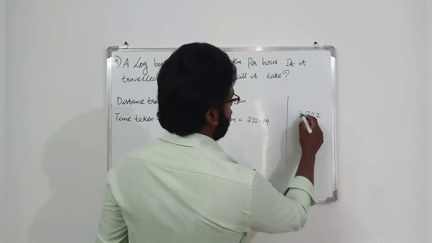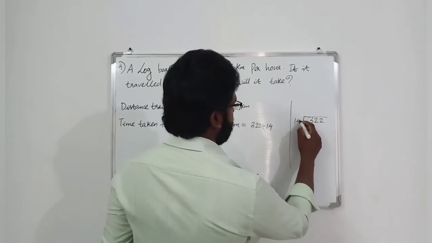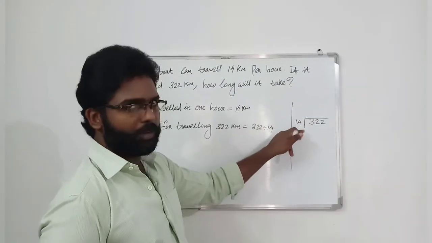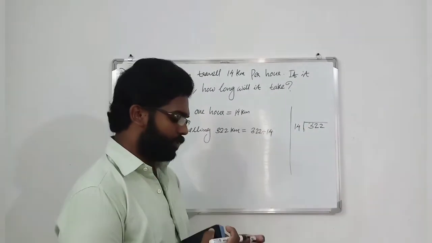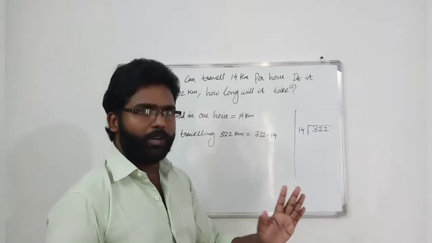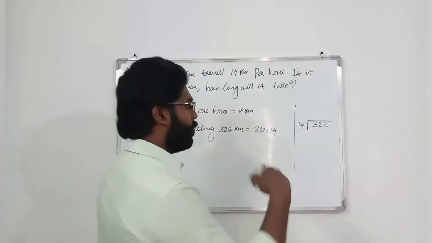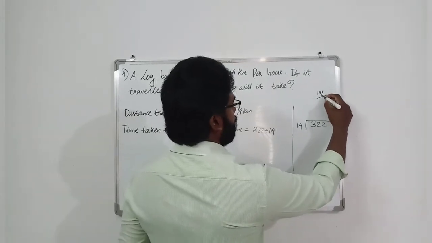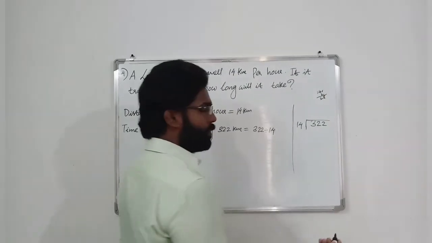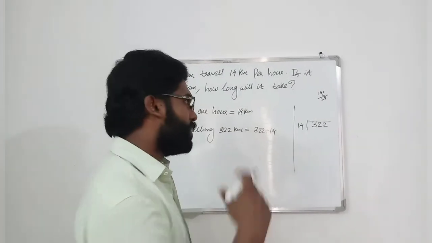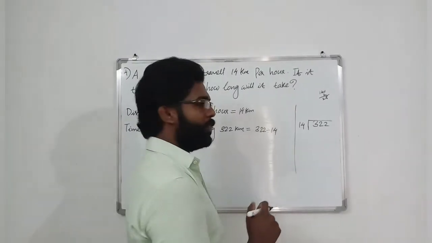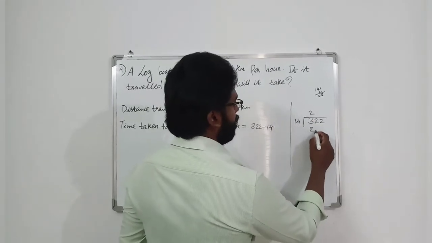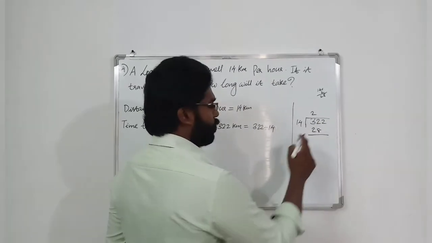322 divided by 14. 3 is less than 14, so we take 32. 14 into 1, 14. We can do 14 into 2, 28. 14 into 3 is obviously greater than 32. So 2 is here. 14 into 2, 28. Subtract 32 minus 28.